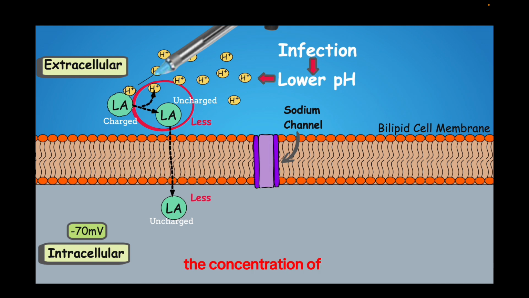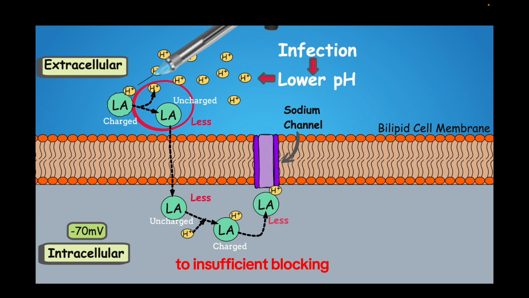As a result, the concentration of local anesthetic inside the nerve cell is lower, leading to insufficient blocking of the sodium channels. This results in a reduced or delayed onset of anesthesia, or in some cases, failure to achieve adequate anesthesia. That is one of the reasons we don't inject into infected sites.